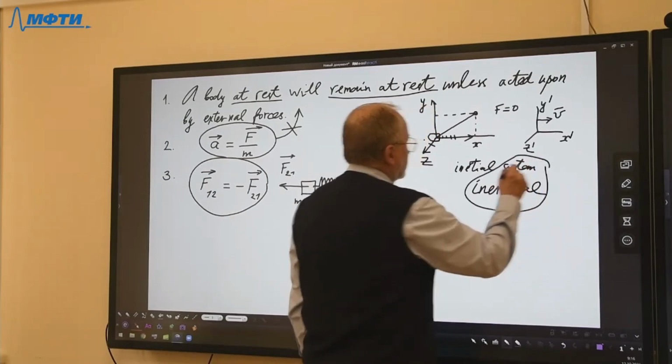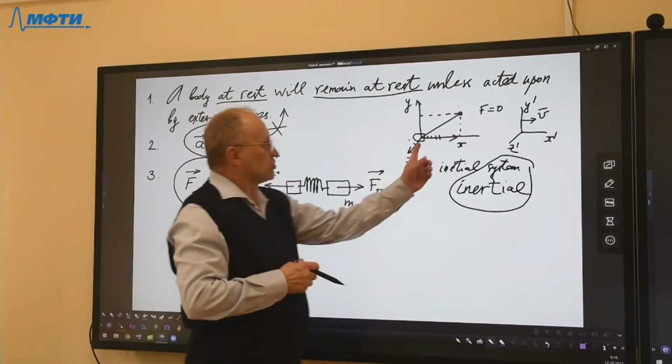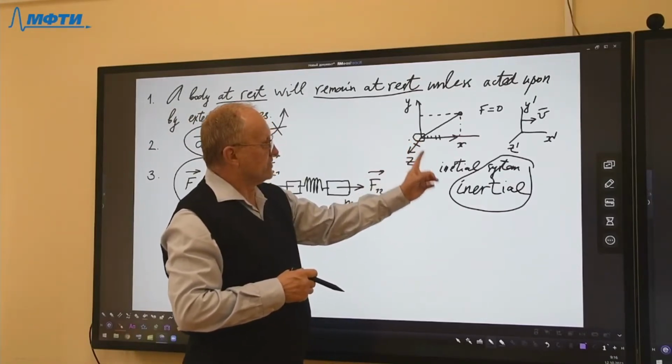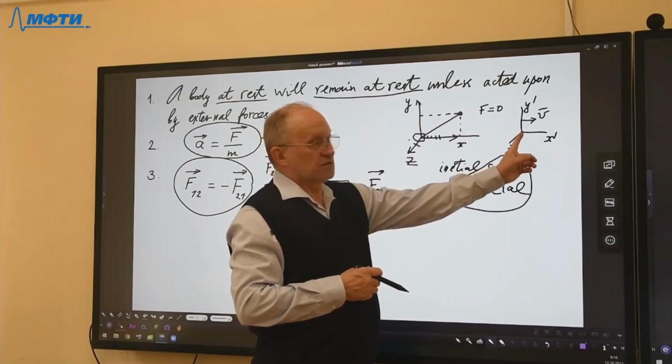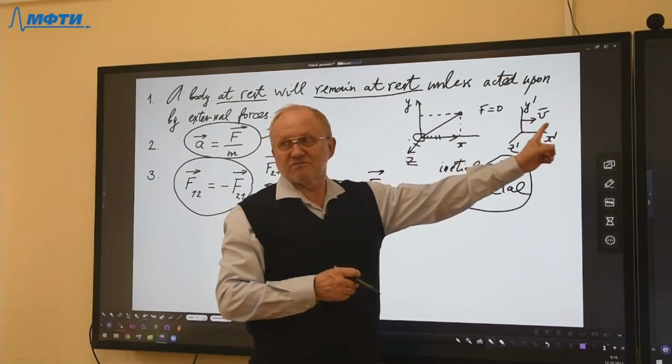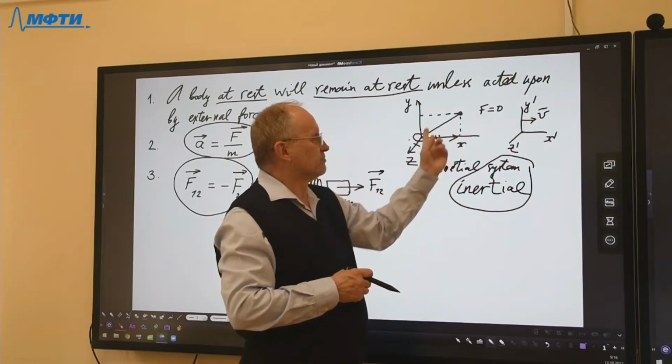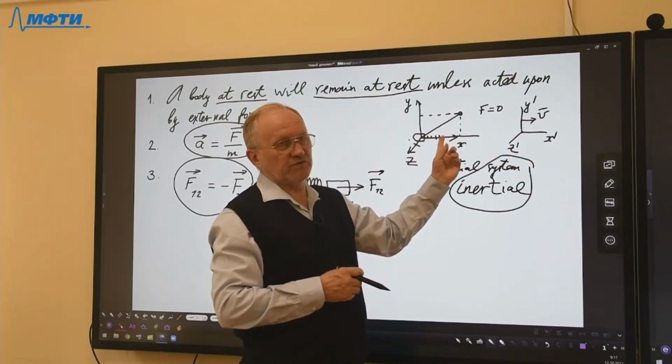So if there is a single inertial reference frame in the universe, then there should be many inertial systems, all of them moving at constant velocity with respect to the first inertial reference frame.